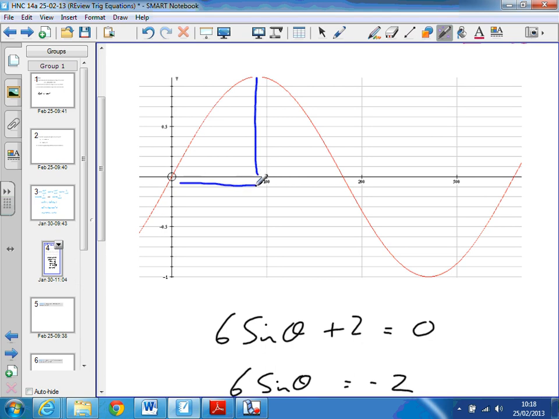The calculator works in this first quadrant of the cycle, so it's giving us positive values. What we need to do now is understand that we're after minus 0.3 recurring, which is here, so we're actually after this angle, which looks as though it's just about 200 degrees, between 0 and 360 degrees.